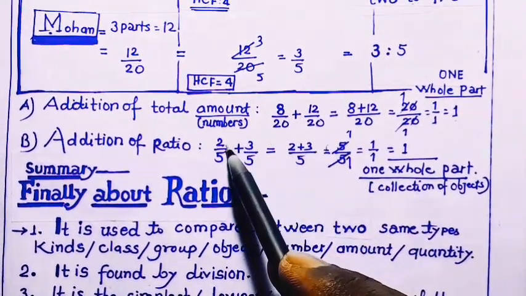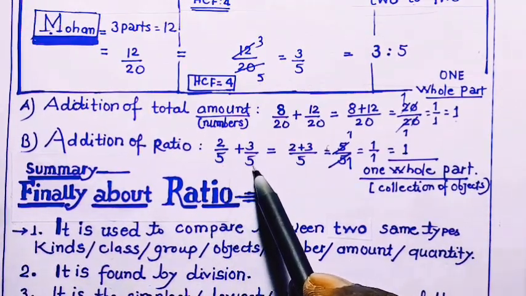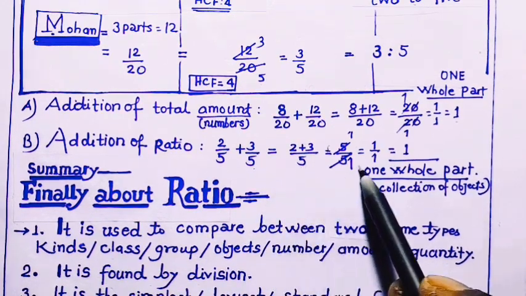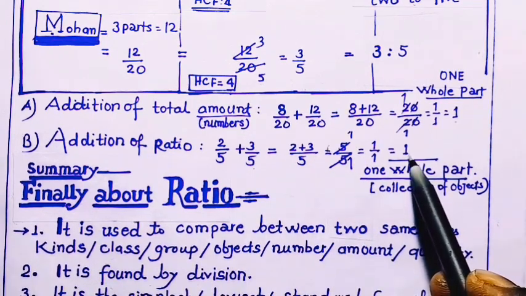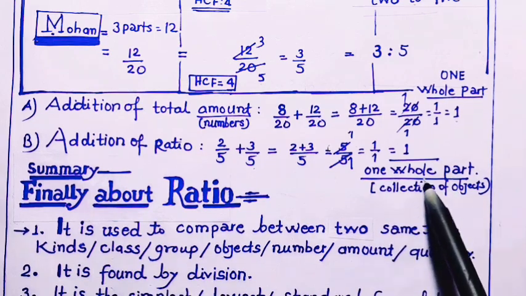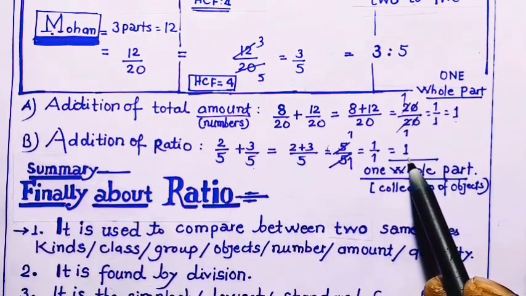Then 2 by 5 plus 3 by 5, and when these numbers are added, the result will also be 1, and this one shows the whole part. It means 1 whole part of 20 mangoes.